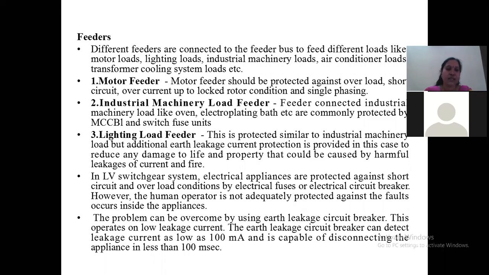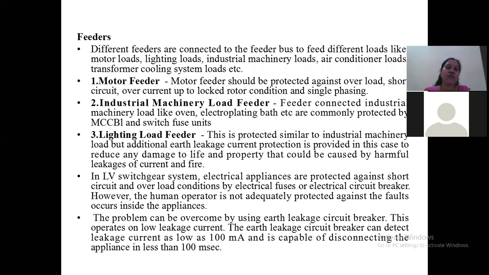Okay. Next, in the LV switchgear system, electrical appliances are protected against short circuit and overload conditions by the electrical fuses or the circuit breakers. However, the human operator is not adequately protected against the faults occurring inside the appliances.